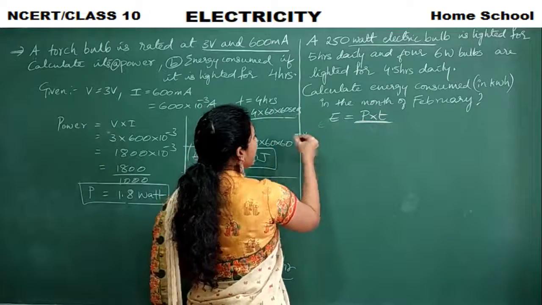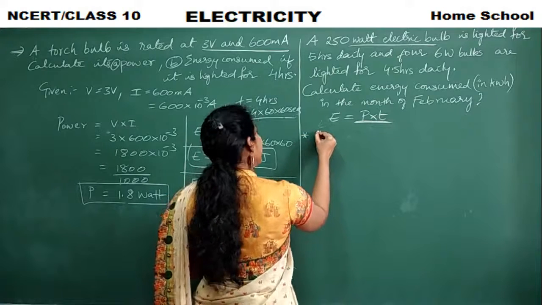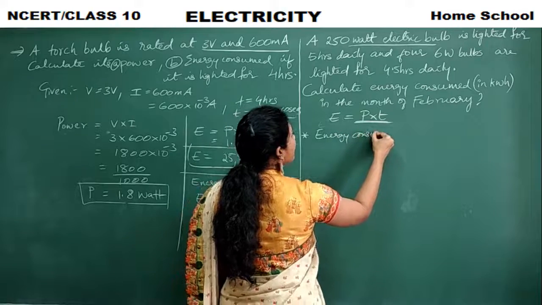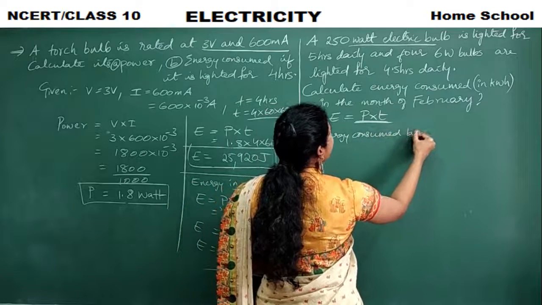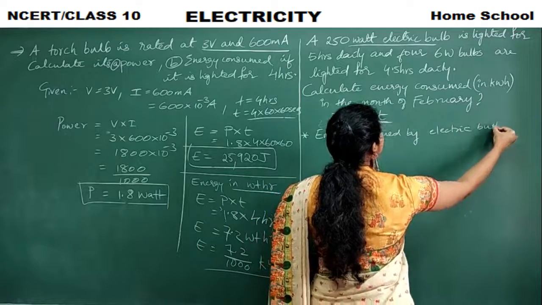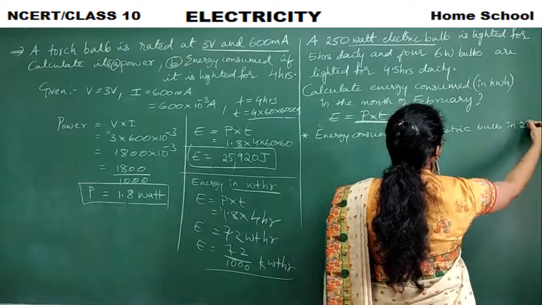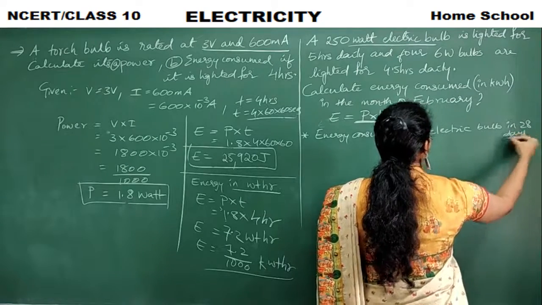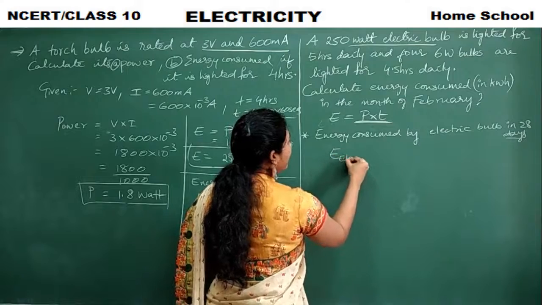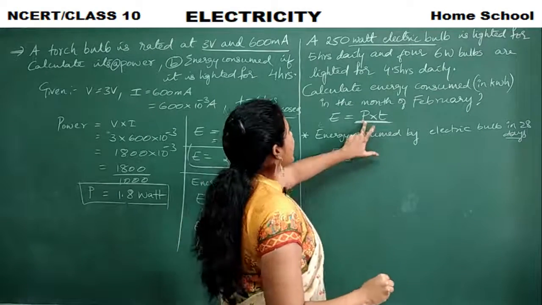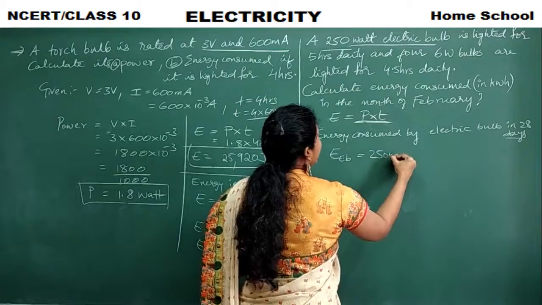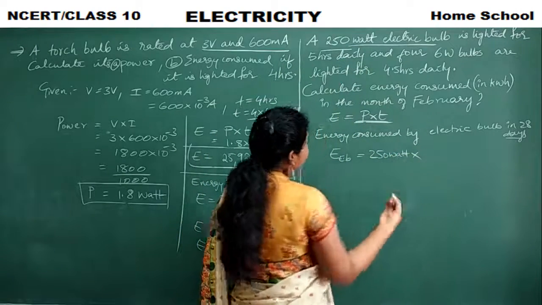Now, very first thing I will do is, I am finding energy consumed by electric bulb in 28 days. February month has 28 days, no? So what is the power of electric bulb, guys? 250 watt. So 250 watt into time.